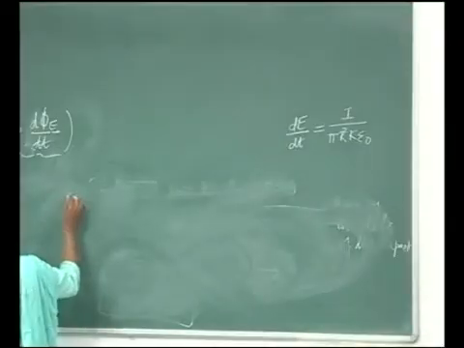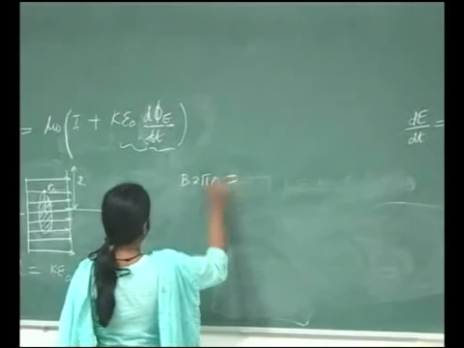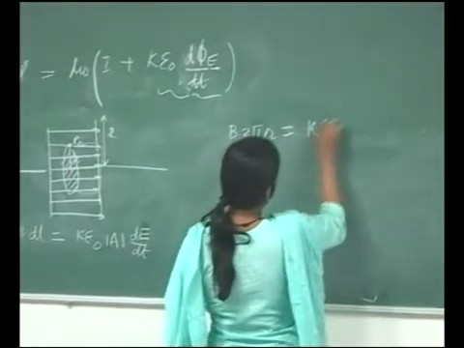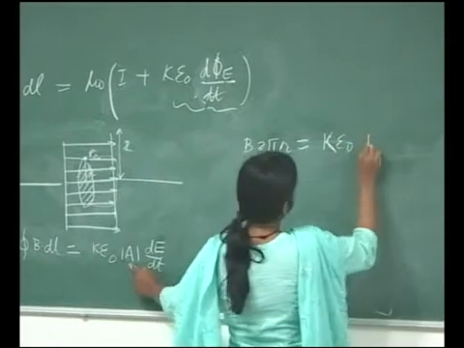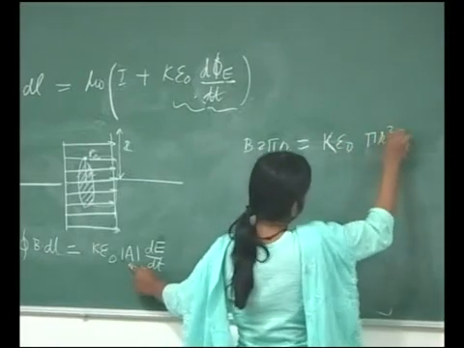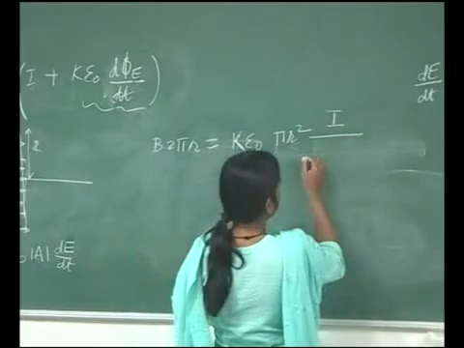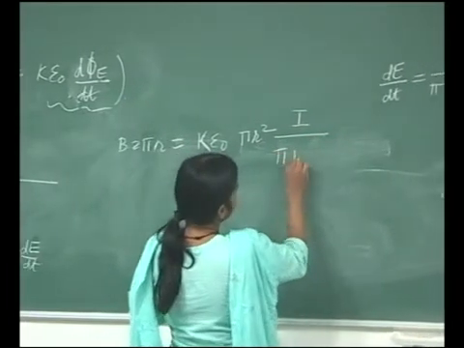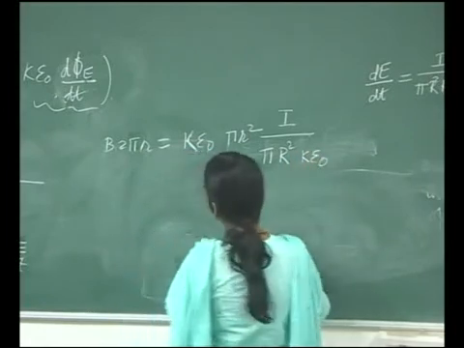So, I can write that B into 2 pi r is equal to k epsilon 0 pi small r square, I divided by dE by dt, which will not change, pi capital R square k epsilon 0.